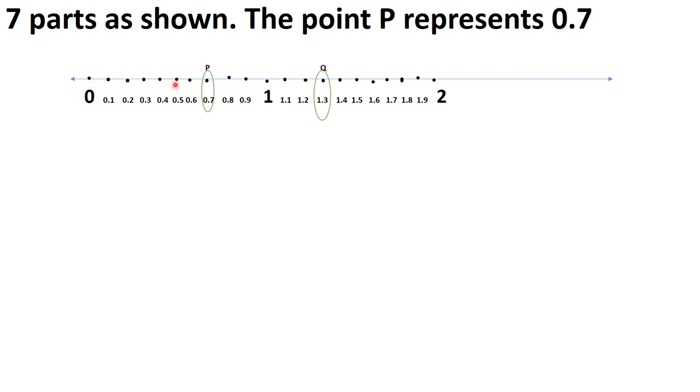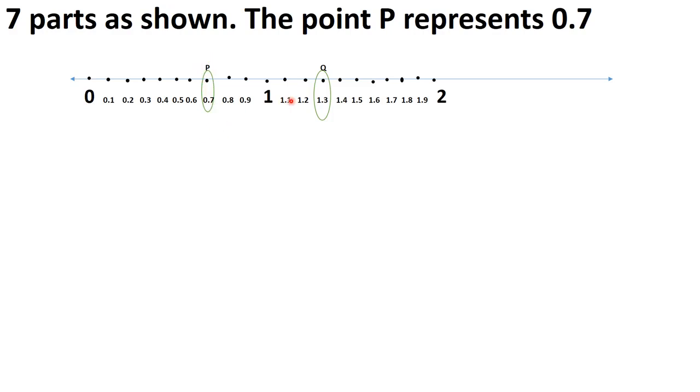See, these are the 10 parts equidistant from each other, and we want 7 upon 10, that is the 7th part. So this is the first, second, third, fourth, fifth, sixth, 7. This is 0.7. In this way we represent 0.7.